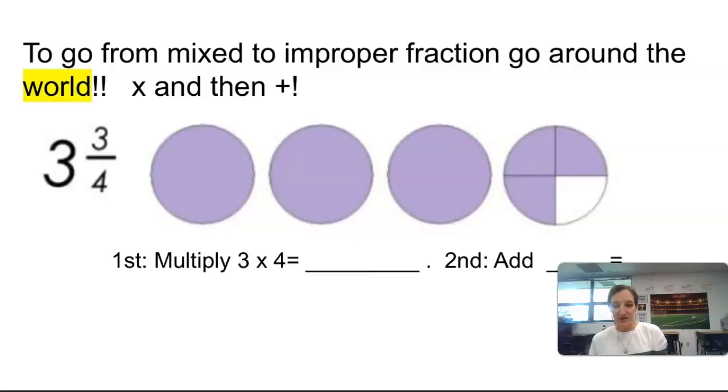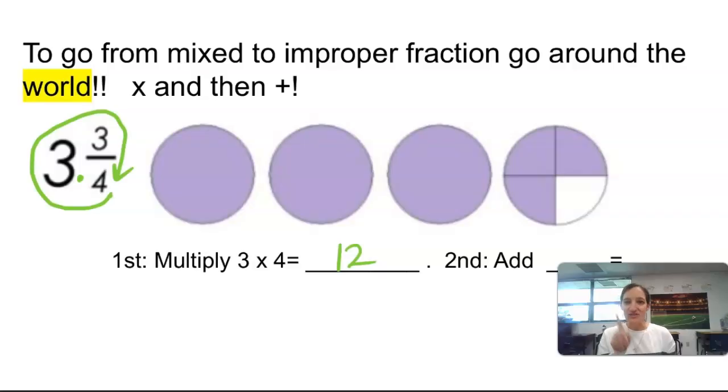We start here at 4, and basically we're going to go around the world. Clever, huh? So the first thing we're going to do is times these two numbers together. 3 times 4 is 12. And let me show you why we times them together. Do you see these 3 whole pizzas right here? I'm going to divide them into fourths, okay?